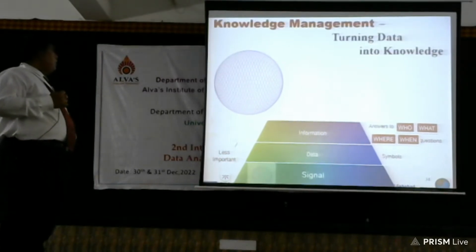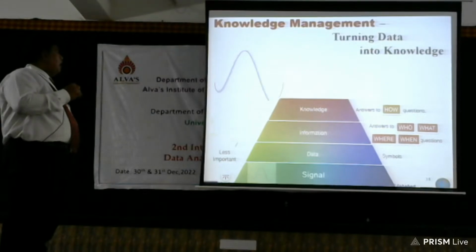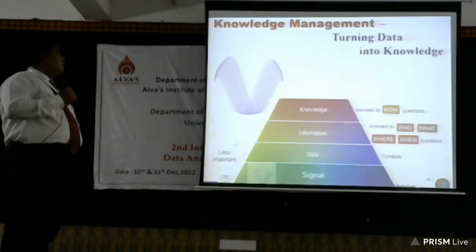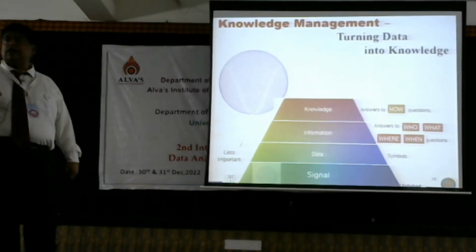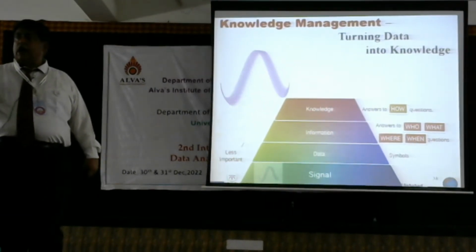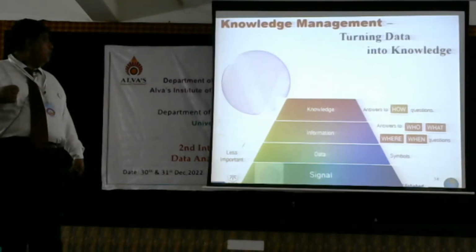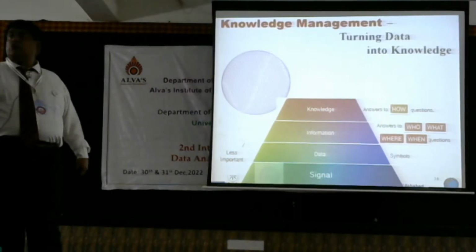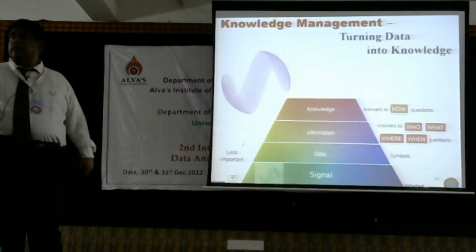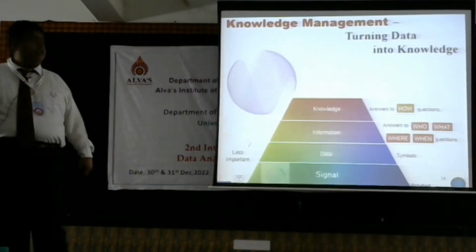So from information, I turn to knowledge when I answer questions about how things are happening. When I manage to explain how things are happening, that is when information becomes knowledge.